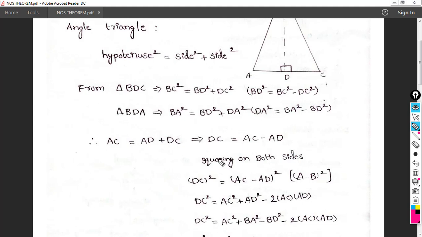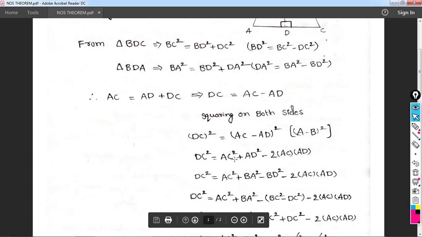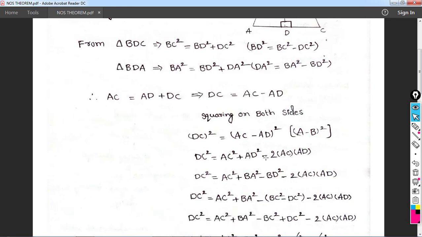By squaring on both sides, here we can see the (A minus B) whole square formula, that is A square plus B square minus 2AB. Here DC square is equal to AC square plus AD square minus 2 AC into AD.